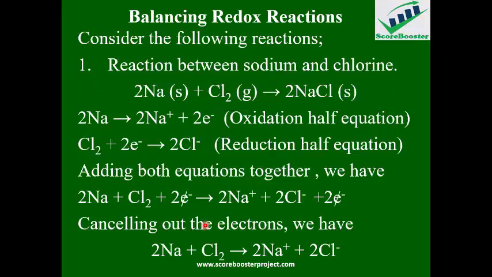So now, to balance redox reactions, as I've said earlier, we need to know the electron transfer, and that is the second concept we'll talk about today. If you know the electron transfer, then we balance it in terms of atoms.